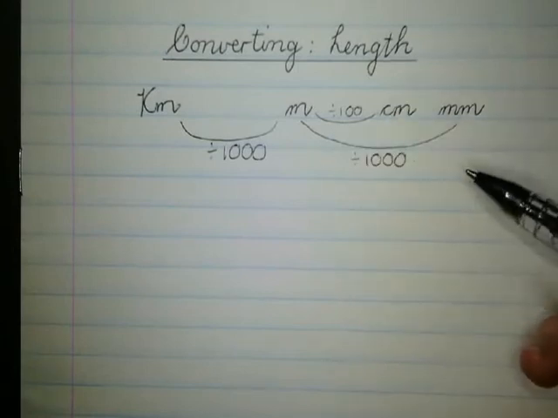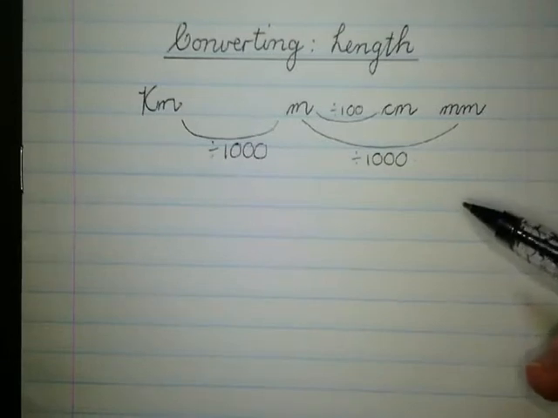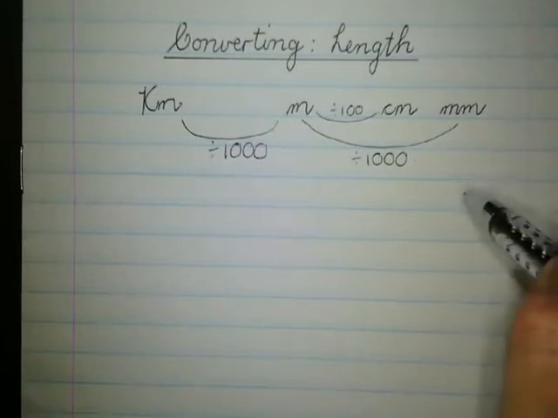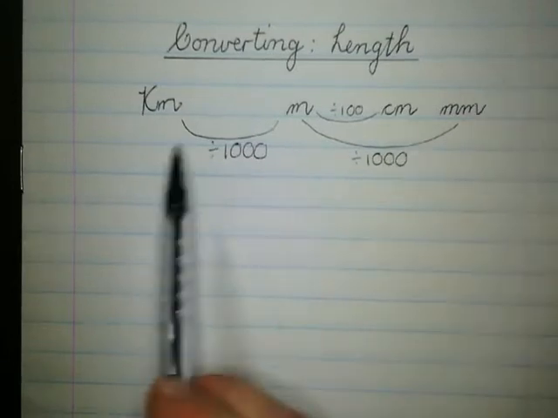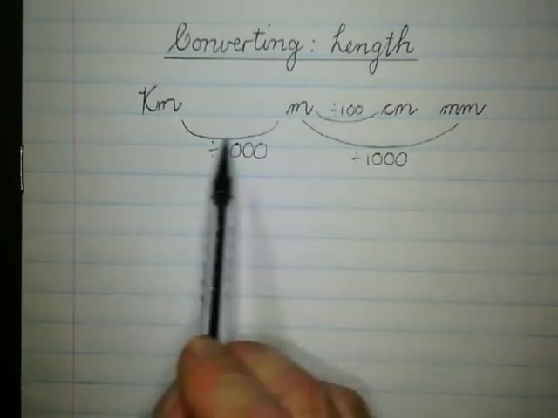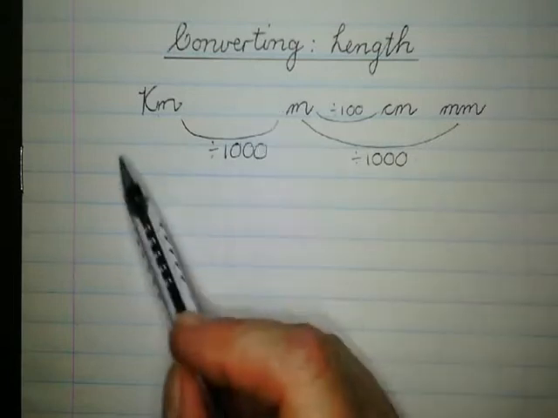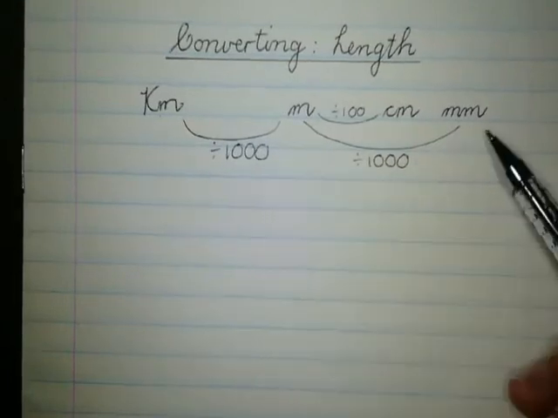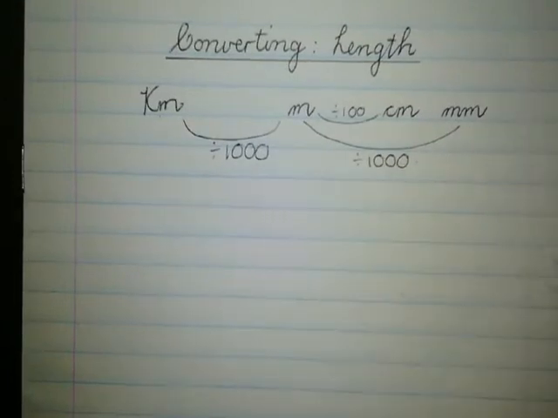So we're going to try today to make it easier for you by using a table or columns where we are going to write these units in, and I'm going to practice some of the conversions with you to see if you understand it better.